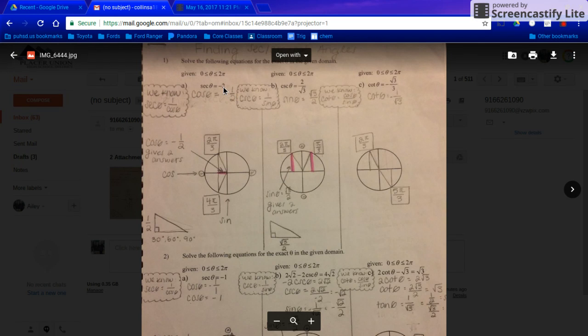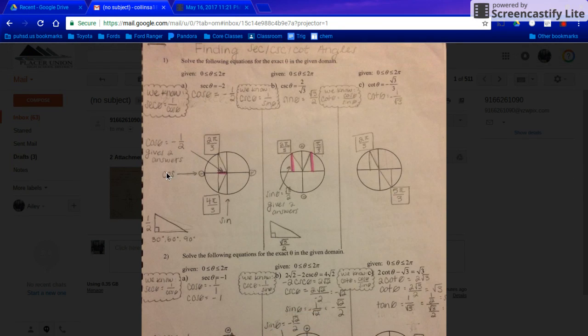And we're going to take -2, which is secant theta is equal to -2, and we're going to put it under where cosine theta is, which gives us cos theta is equal to -1/2. We're going to go down to the unit circle.